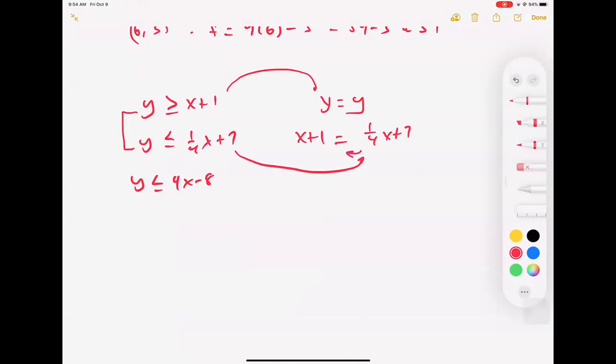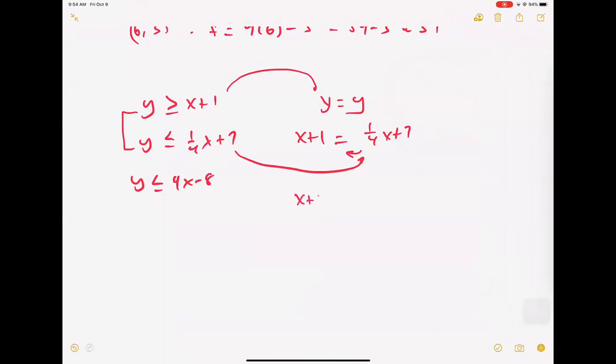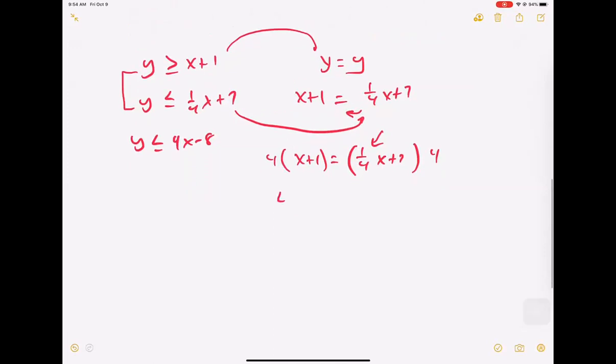Some of you guys, here's a trick. If you don't like the fractions, you can multiply everyone by the common denominator, 4. So if I multiply everyone by 4, x plus 1 equals to, sorry, I ran out of space. If I multiply everyone by 4, this fraction goes away. And that's one trick that some people like to do. It makes the problem bigger, but it does remove the fraction.